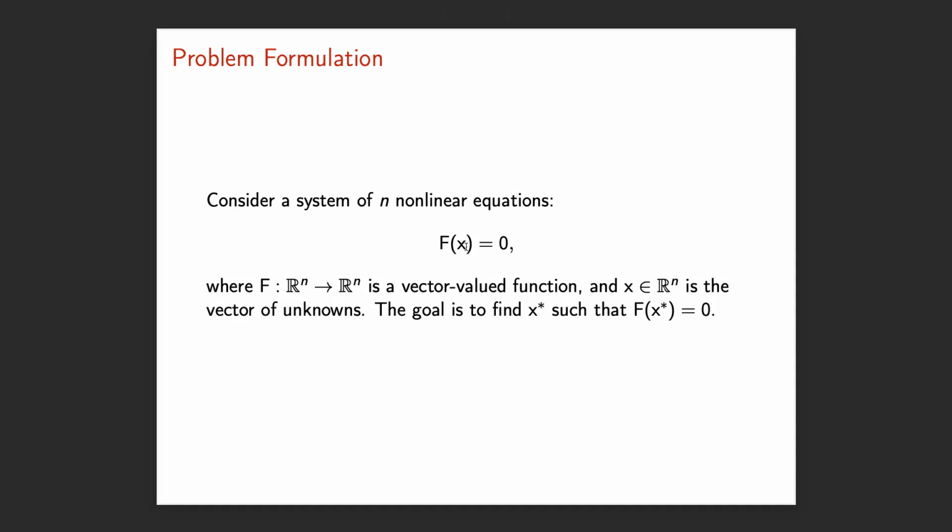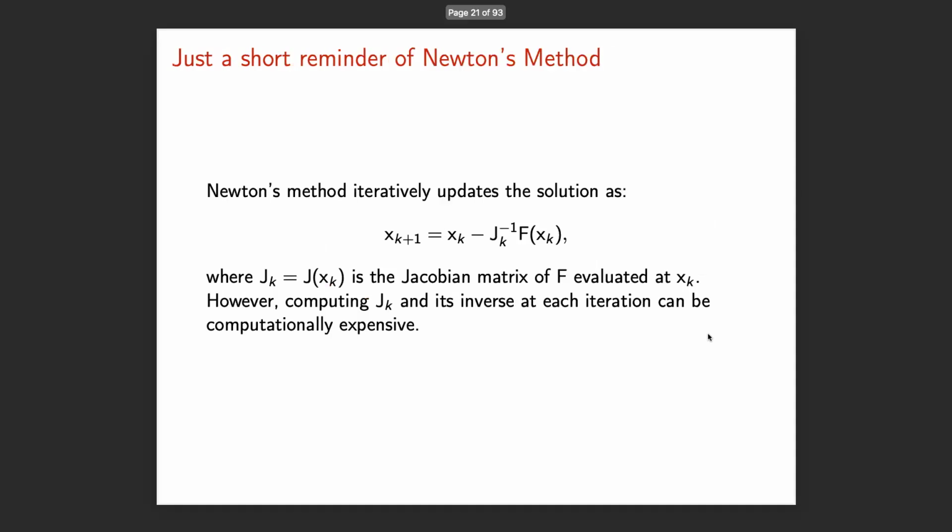What we want is to solve this type of equation, f of x equal to 0. The goal is to find this x so that f of x is equal to 0. That's essentially what we want. So Newton's method, in the general case, gives us this Jacobian matrix, which we have to evaluate. And we don't want to do that.